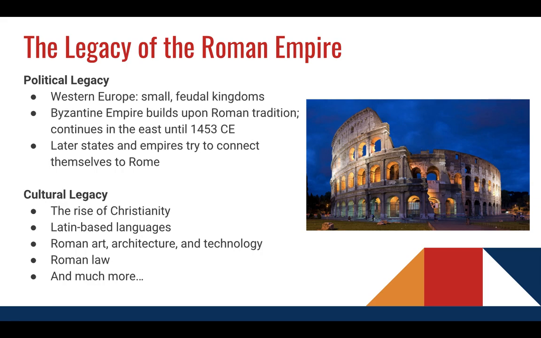Latin-based languages across Europe are based on the Roman language of Latin. Roman art, architecture, and technology is still studied to this day. And Roman law becomes the basis for most laws in Europe, even after the empire declines. This is just the tip of the iceberg for the legacy of Rome, but it's worth thinking about that when an empire declines, its influence does not necessarily go away.